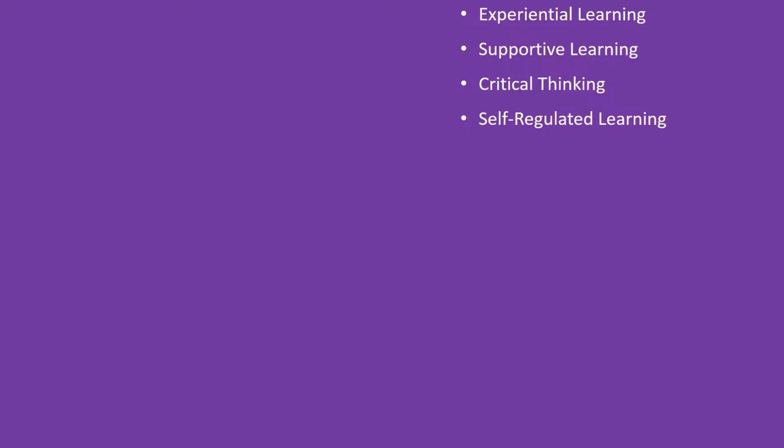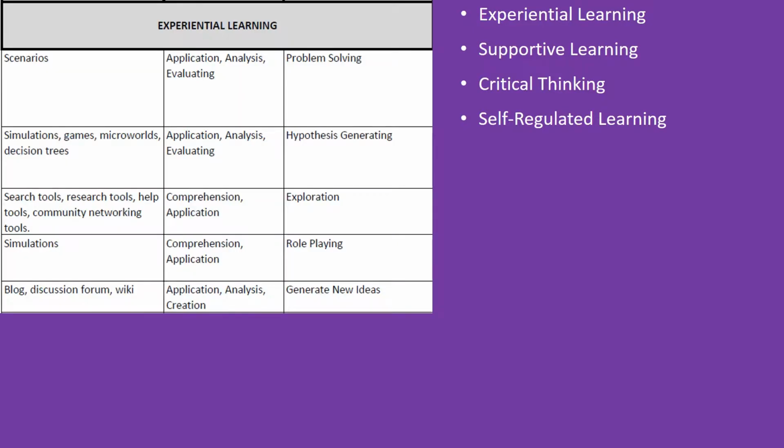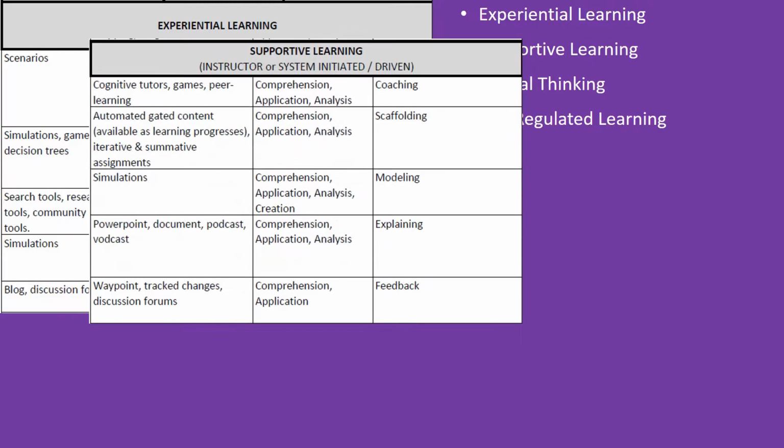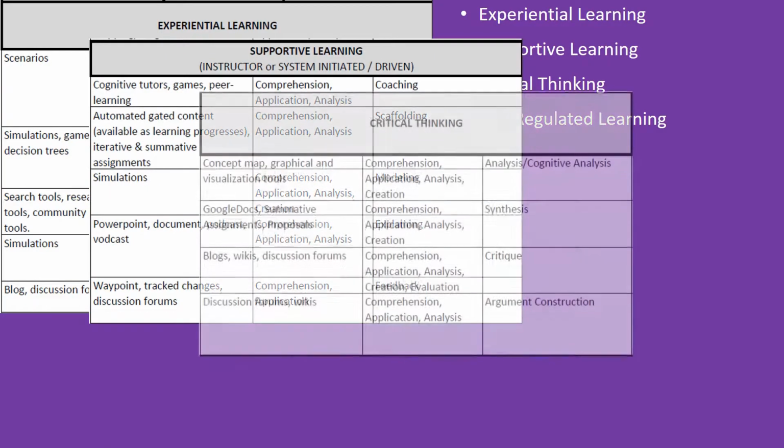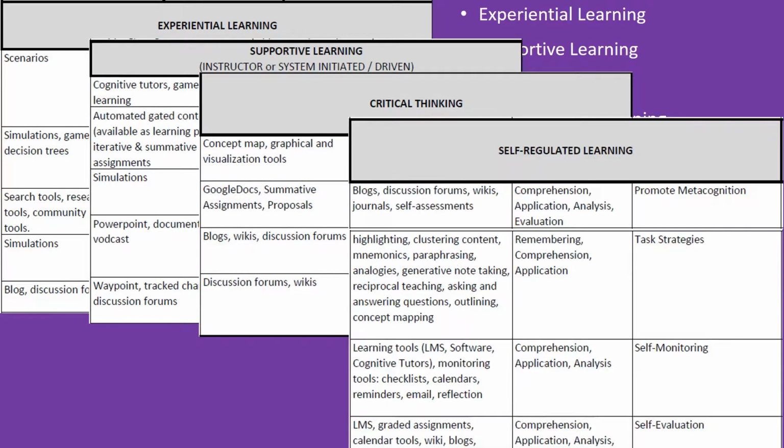When used to evaluate the human development course, we noticed that some criteria of the CATS model were either redundant with our current model or not quite applicable. We decided to focus on experiential learning, supportive learning, critical thinking, and self-regulated learning.